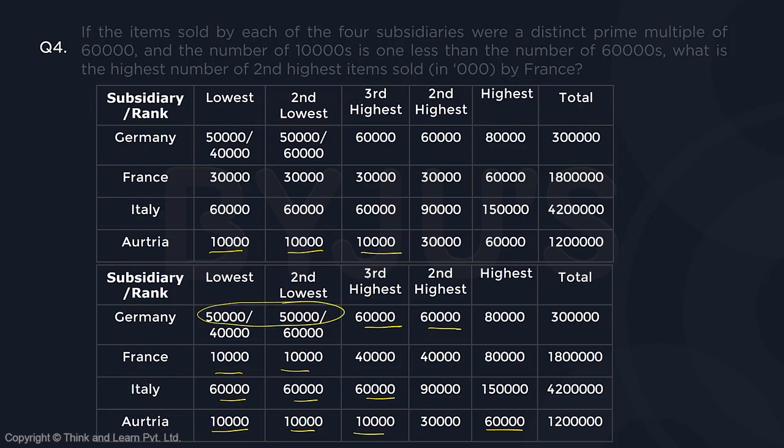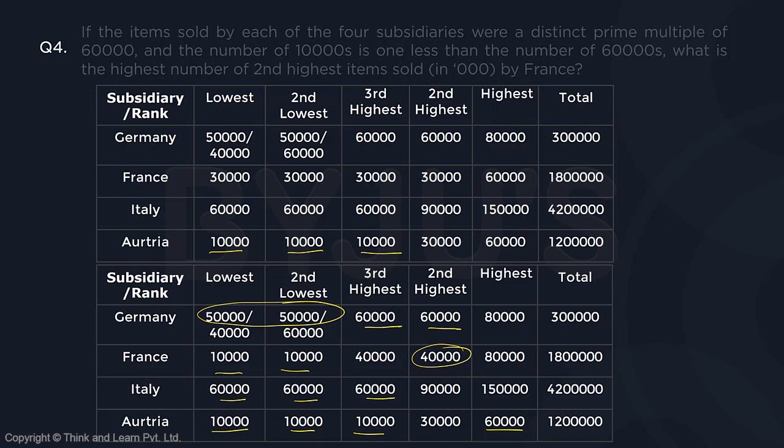Not the 40-60 to make it 6 times 60,000, right? What is the question asking? What is the highest number of second highest items sold by France? Second highest sold by France, in any case it is 40,000. Right? No point of highest number, right? And the answer is fixed.